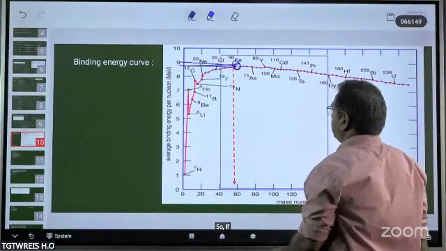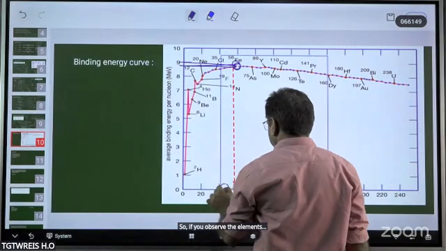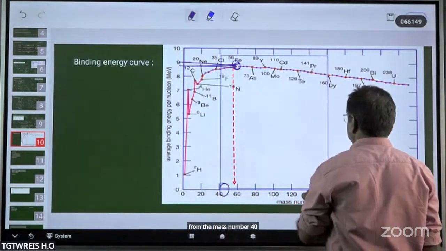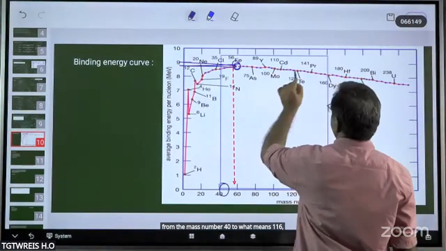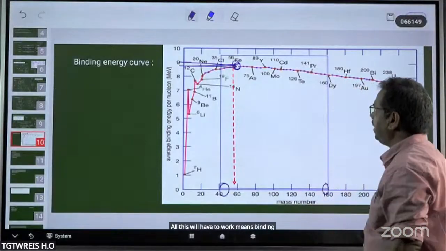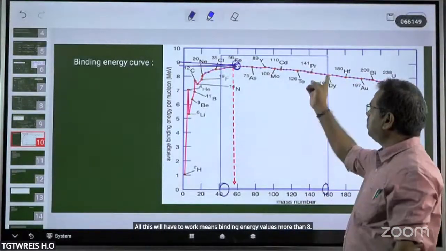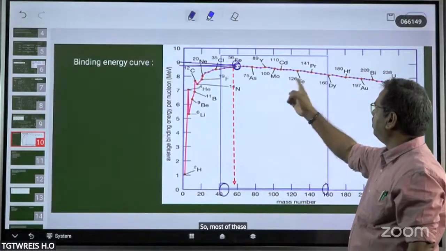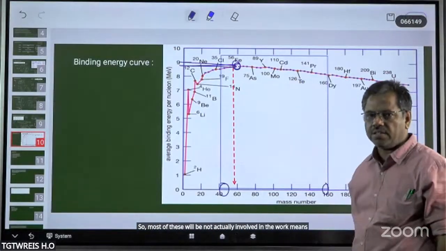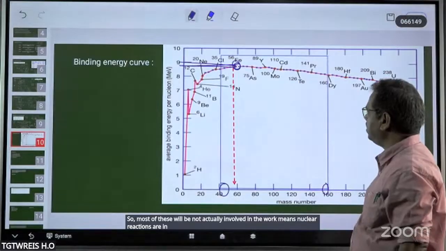So if you observe the elements from mass number 40 to 160, all these will have binding energy values more than 8. So almost these will not actually be involved in nuclear reactions or in artificial transmutation itself.